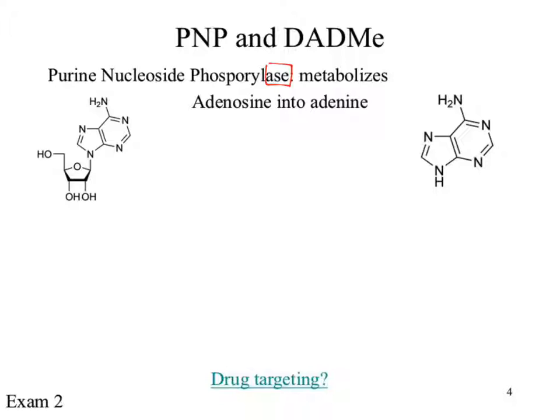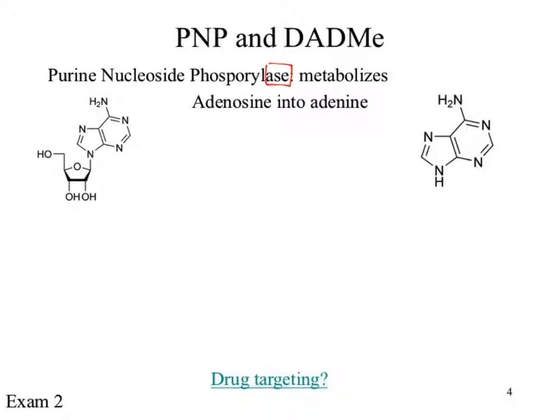So its goal is to take the structure on the left and turn it into the structure on the right. Okay? Which is fun, because where's the phosphate? Not there. Okay, well, perhaps the phosphate is involved somewhere along in that reaction of what it's doing. Okay? But regardless, that's what it's trying to do.